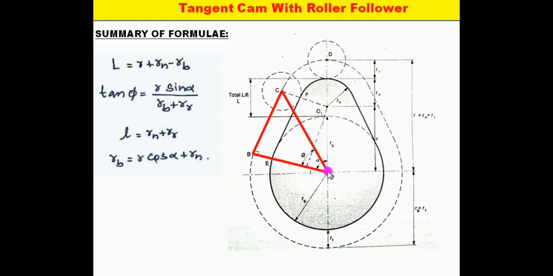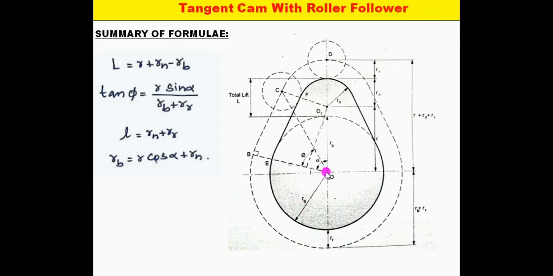This OB is the sum of the distance OE and BE. OE is nothing but the base circle radius and BE is nothing but the roller radius. Small l is nothing but the sum of Rn and Rr.